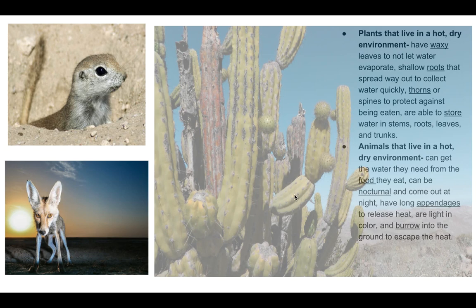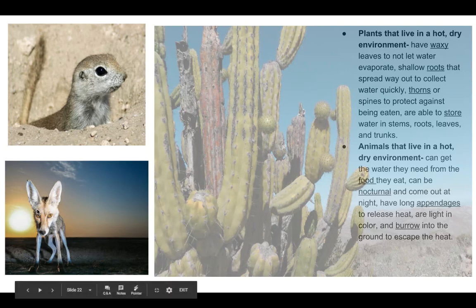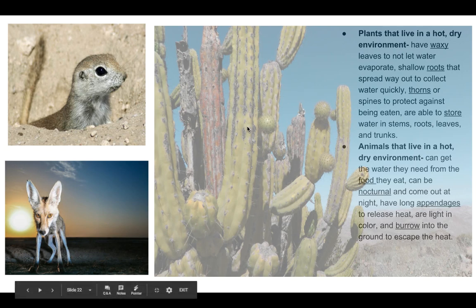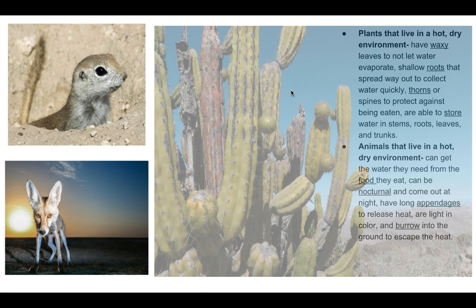So animals in those hot environments, they have long appendages, as we can see, long ears, long legs. It actually releases some of that heat. They burrow into the ground, they dig down into the ground, and plants have waxy leaves, shallow roots that spread way out, thorns to protect them, and they're able to store water.